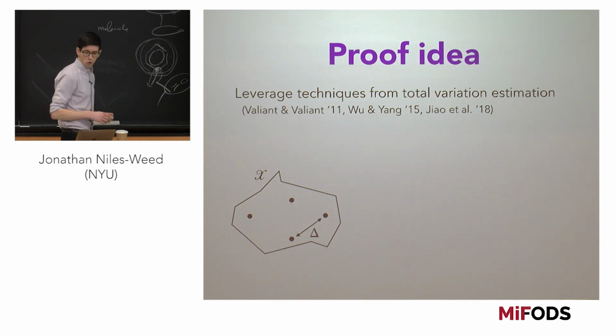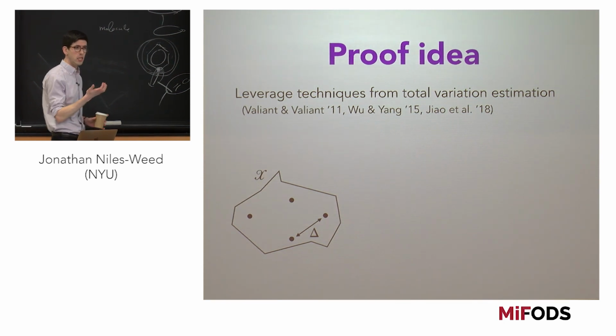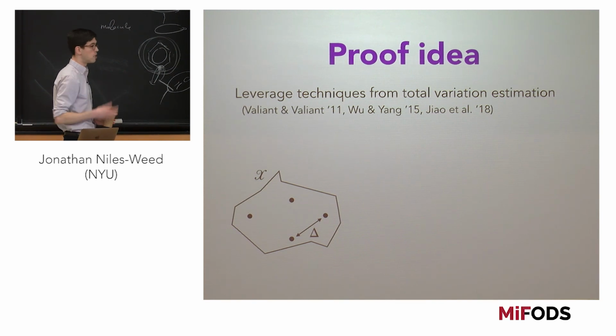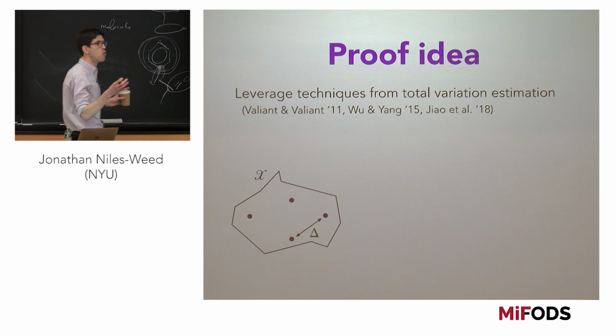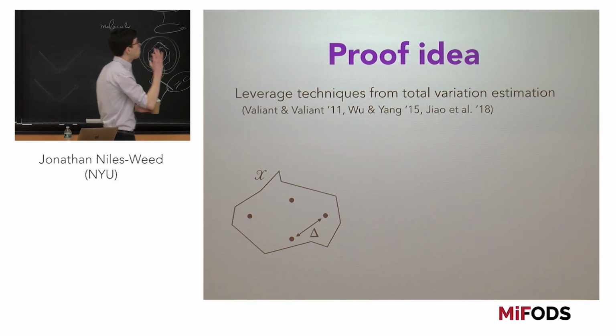And then a group of students of Tsachy Weissman at Stanford have worked on sharp rates for this problem as well. There's a lot known about estimating total variation distance between discrete distributions. And that is a nice structure to work with because the L1 norm is totally unstructured. It's totally symmetric. All that matters is just what mass is at what place. So let's see if we can leverage this in our context.